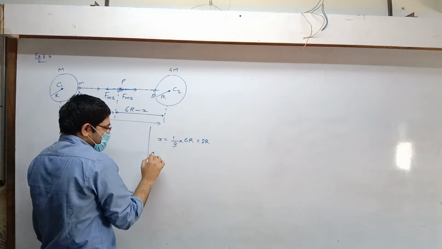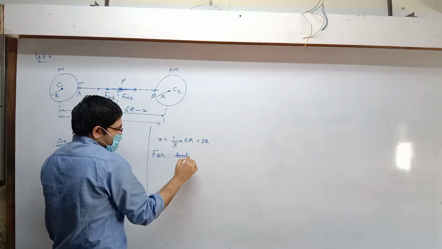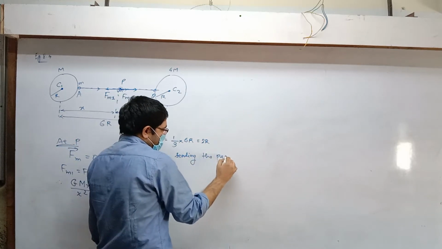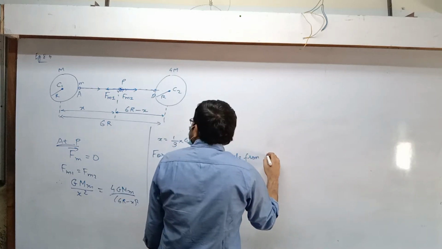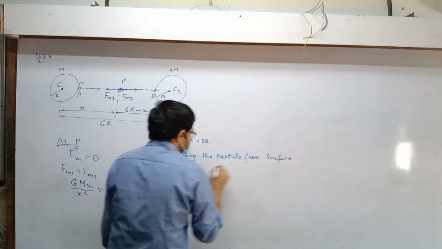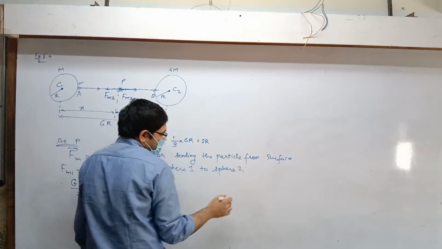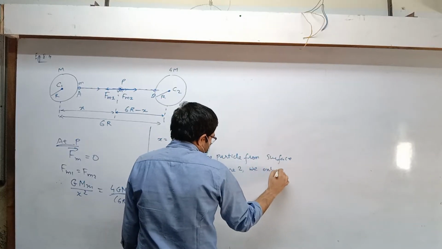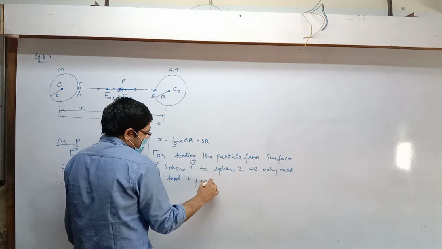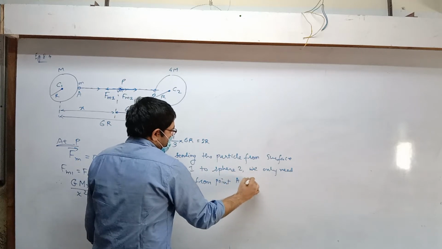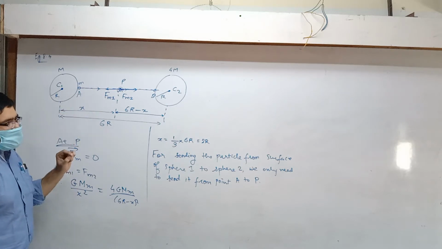So let's write it. For sending the particle from the surface of sphere 1 to sphere 2, we only need to send it from point A to P. Okay, we only need to send it from point A to P, right?